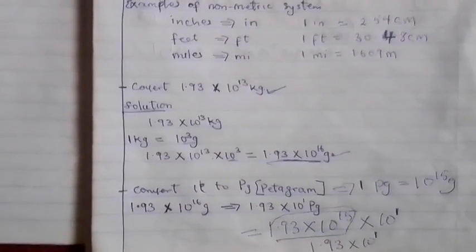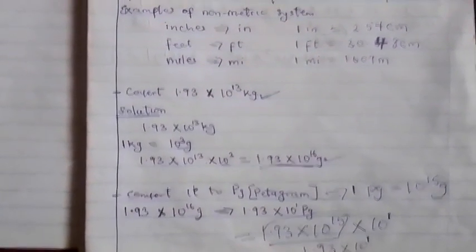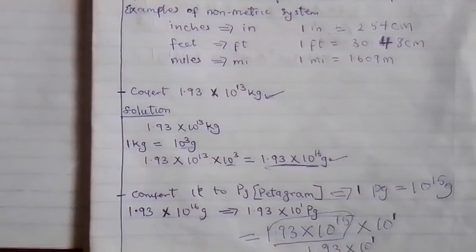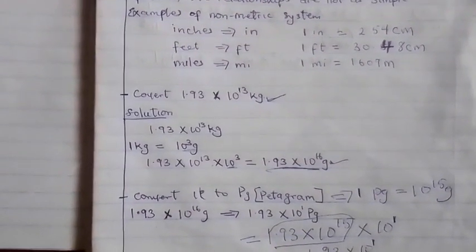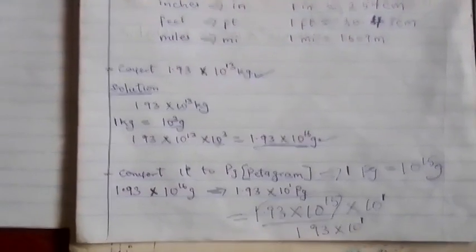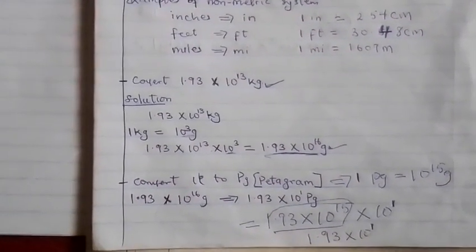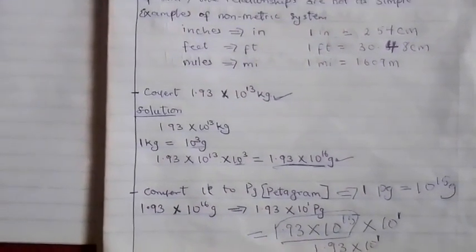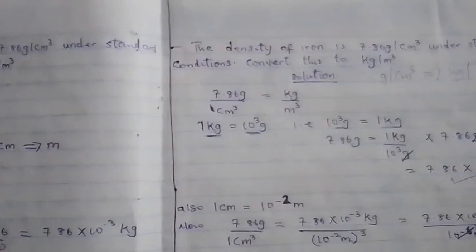And since 10 raised power 15 gram is the same thing as petagram, it means that is 1.93 times 10 raised power 1 petagram. So that's that.